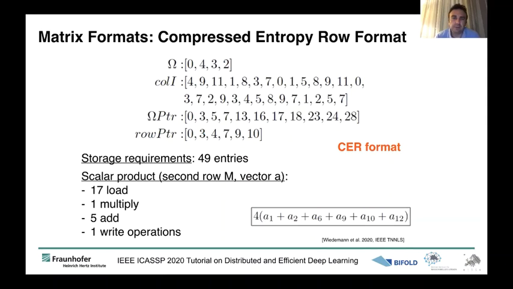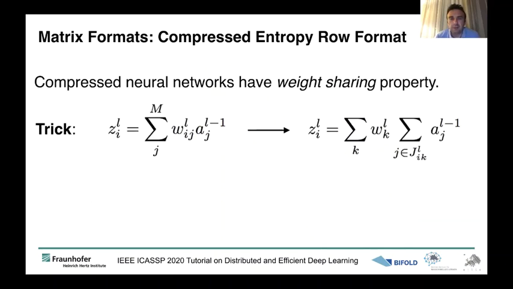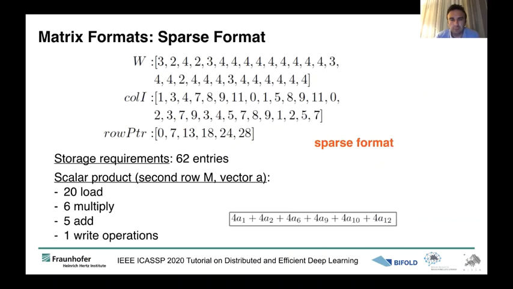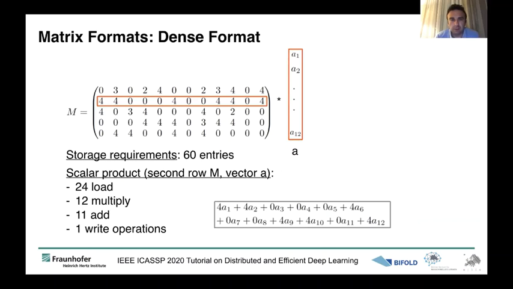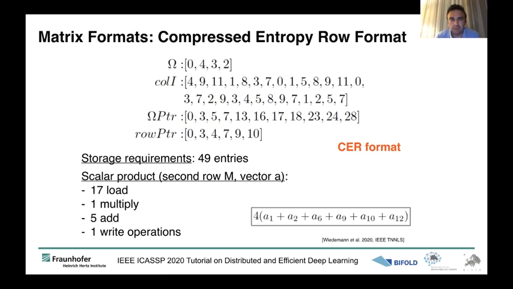For example, the column index, column I, has a 4. Because you ignore the 0, which is the most frequent element, you don't need to encode it. You just leave it out and fill it in later.